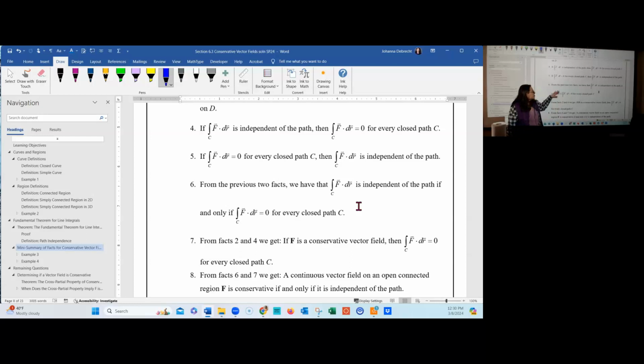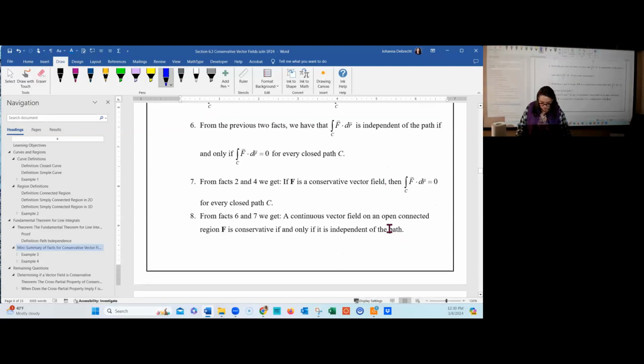If we combine the last 2, 6 and 7, then we can get the final statement down at the bottom. A continuous vector field on an open connected region will be conservative, I've got 3, if and only if it's path independent.